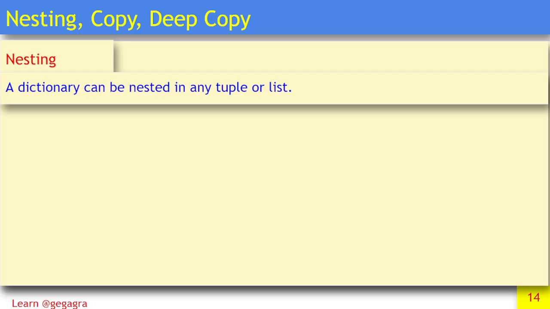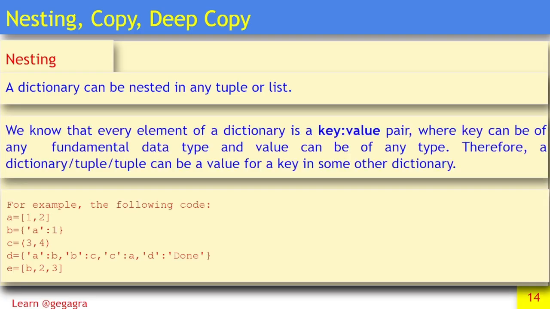Okay, we know that every element of dictionary is a pair of key and value, where key can be any fundamental data type and value can be any type. Therefore, a dictionary or tuple or list can be a value for a key, some other dictionary.